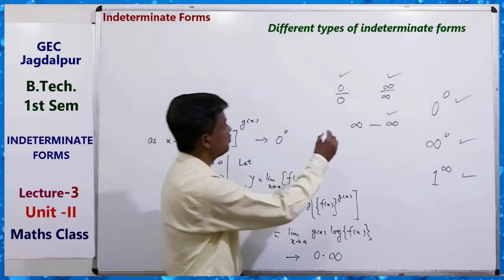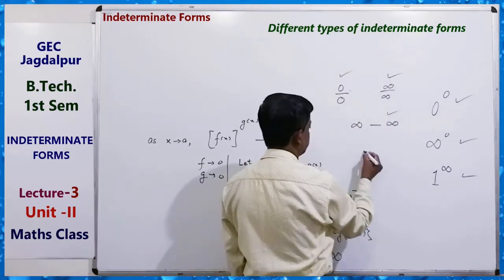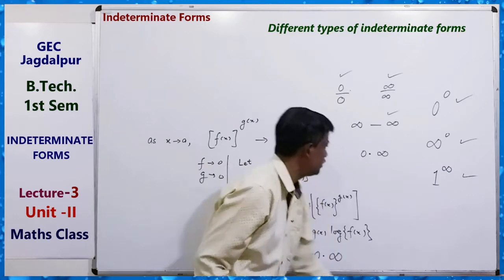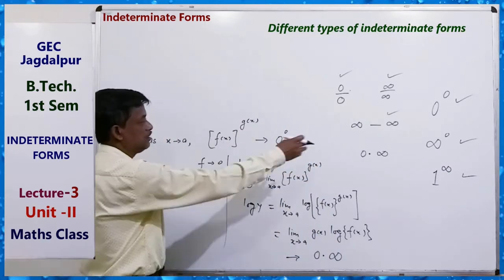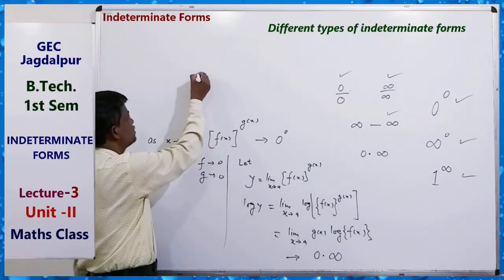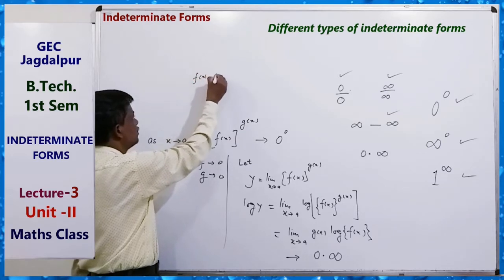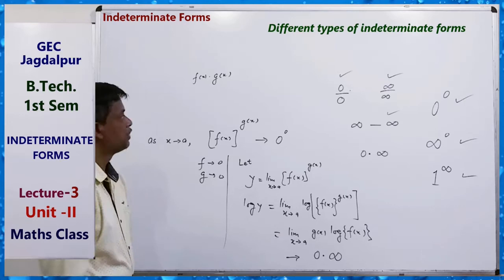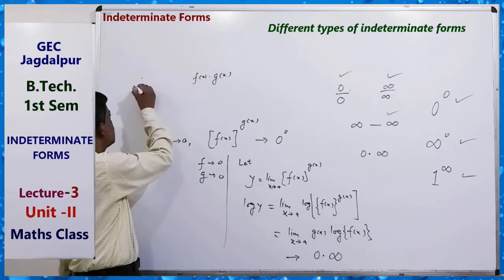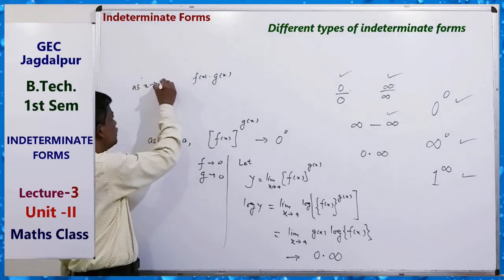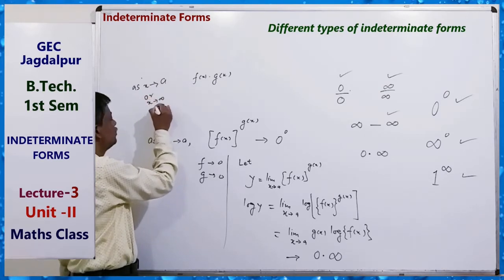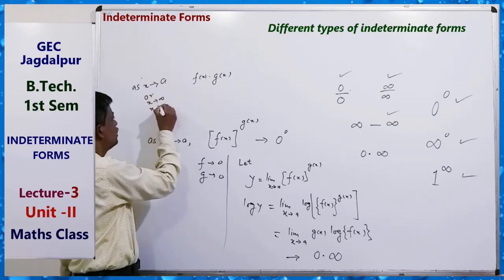The 0 into infinity is also another format. 0 into infinity means fx into gx, two functions, as x tends to a, or x tends to infinity, or x tends to minus infinity.